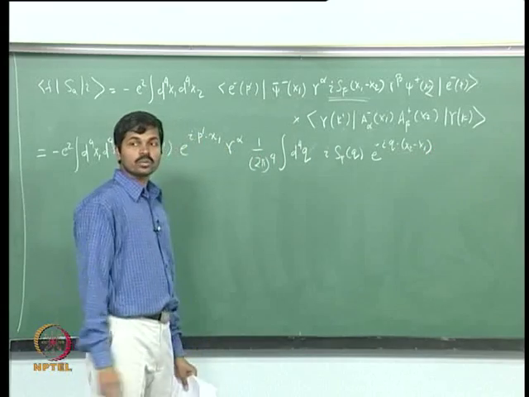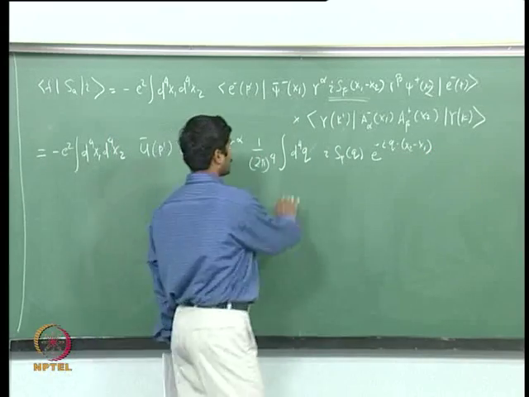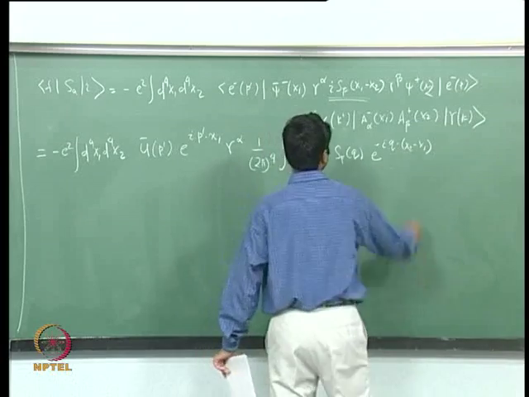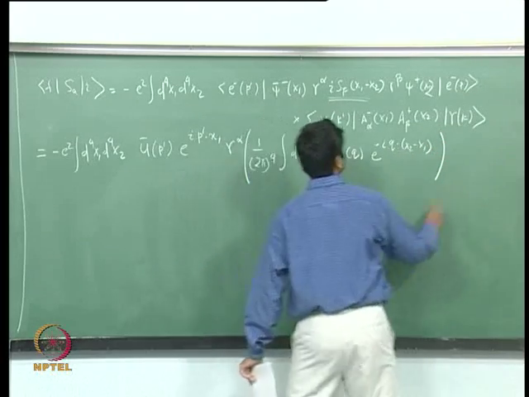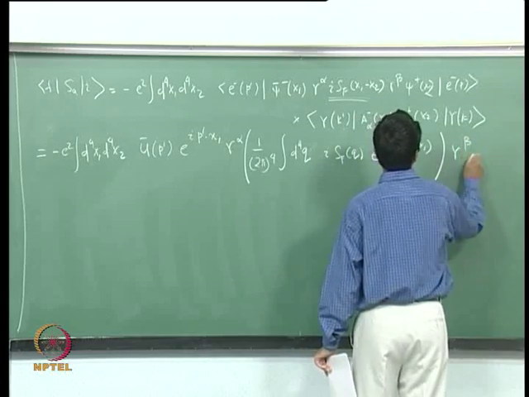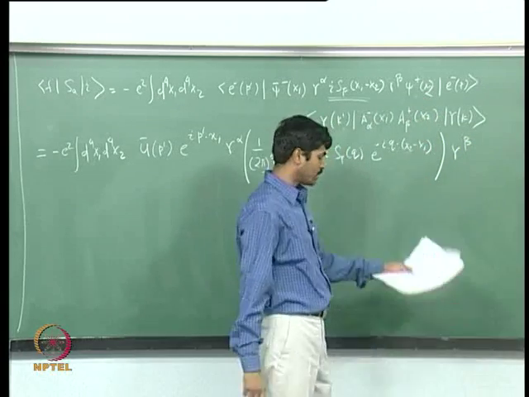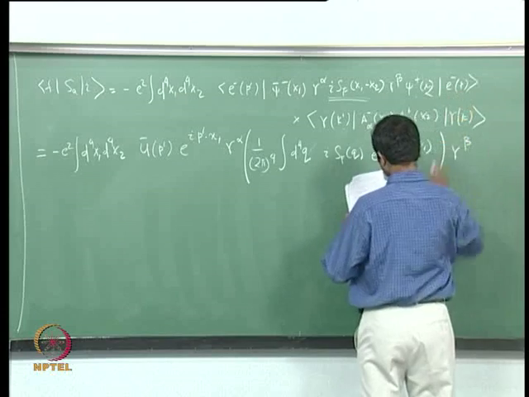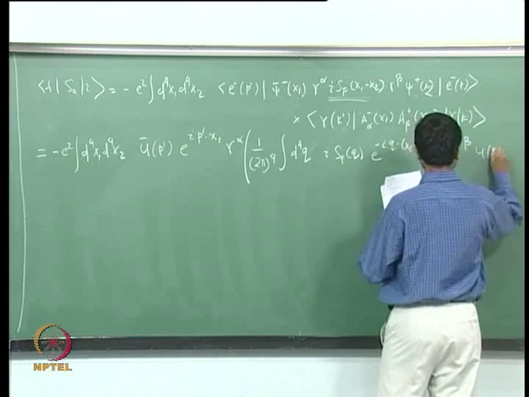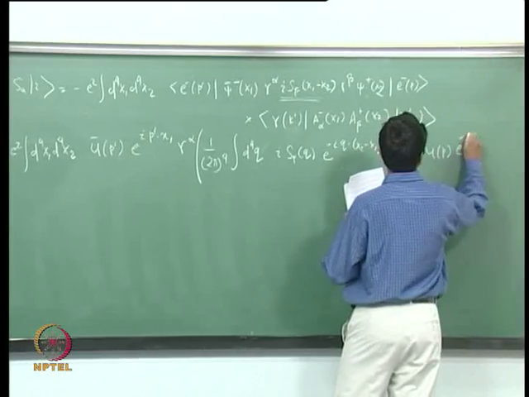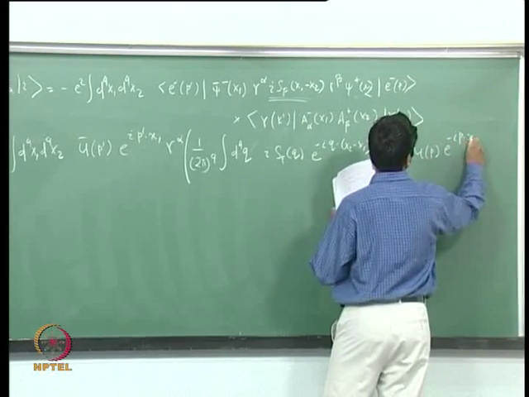You will see very quickly why I wanted to write it this way, and then I have γ^β and then ψ⁺ acting on |e⁻⟩ will give me u(p) e^{−ip·x₂}.